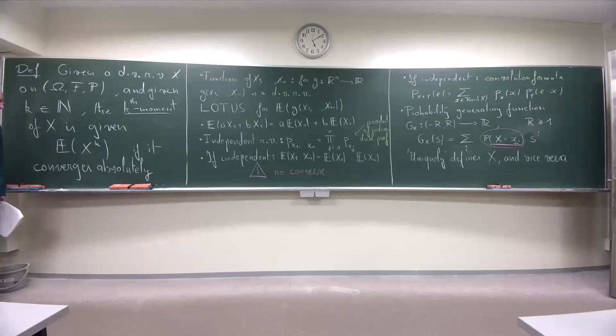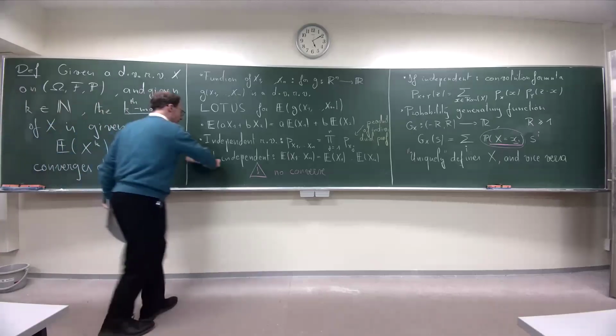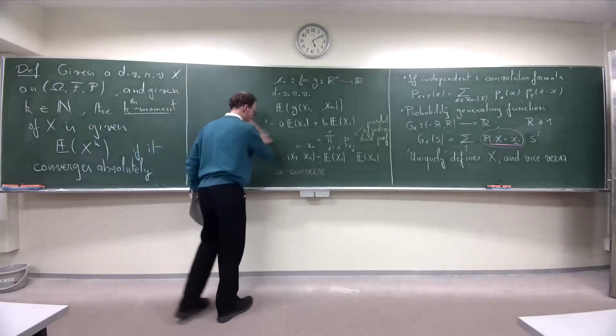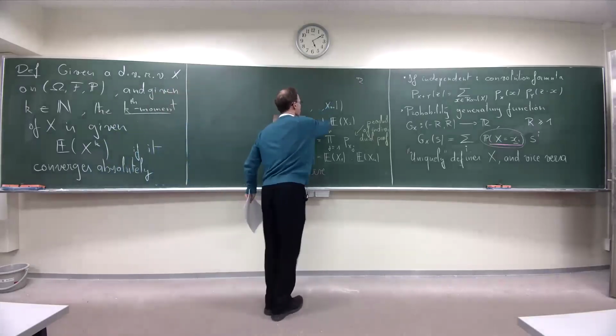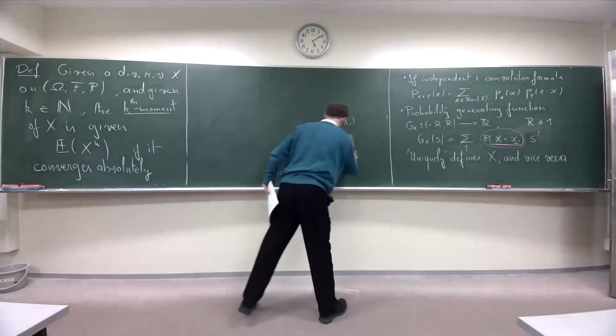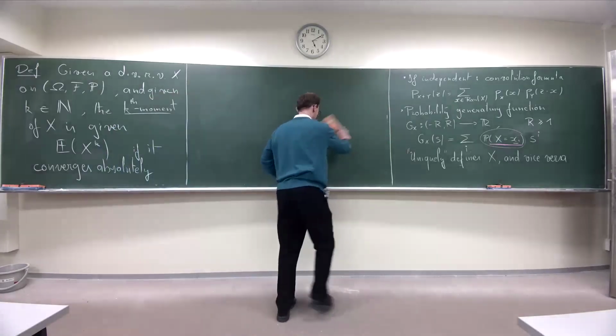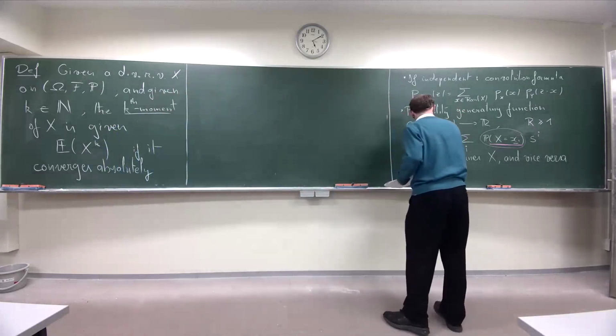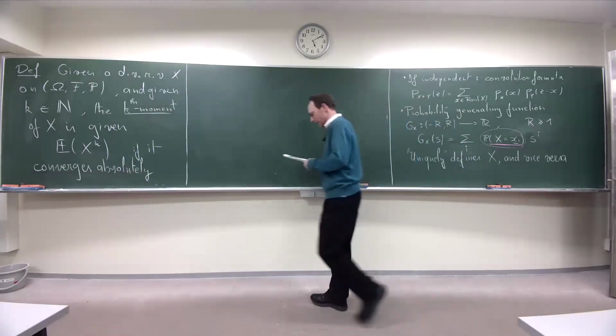If k is 1, you just get the expectation. And k equal to 2 is not very far from the variance that we have already introduced. So it's a generalization of both the expectation and the variance. So what is the link with the probability generating function?